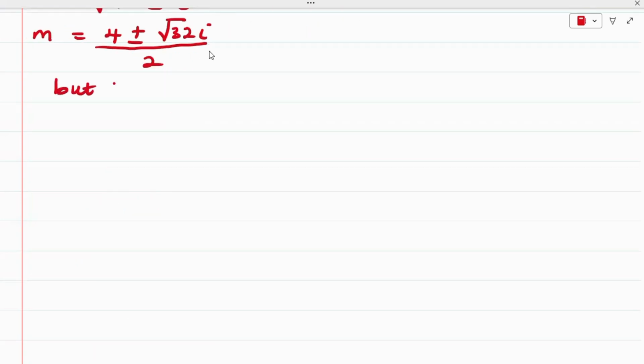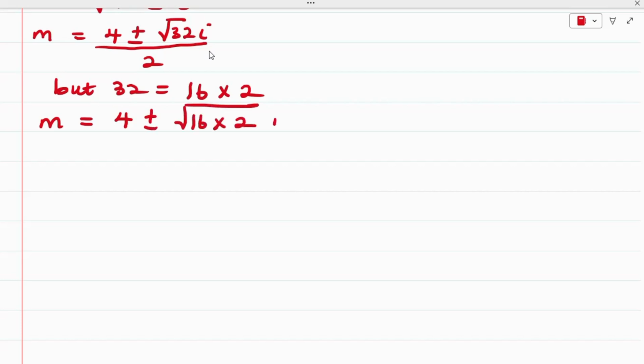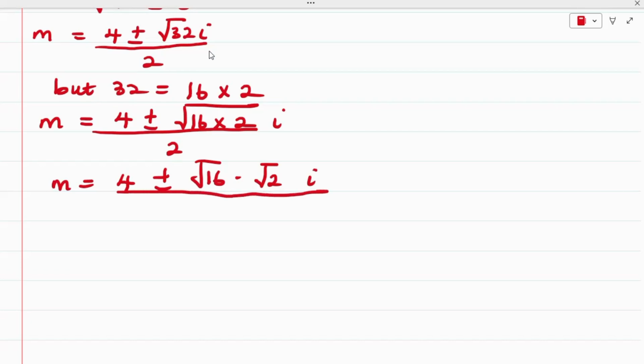But 32 is equal to 16 multiplied by 2, right? So m is equal to 4 plus or minus the square root of 16 times 2 i, all over 2, and that is 4 plus or minus the square root of 16 multiplied by the square root of 2 i, all over 2.